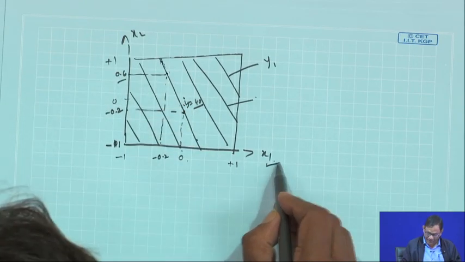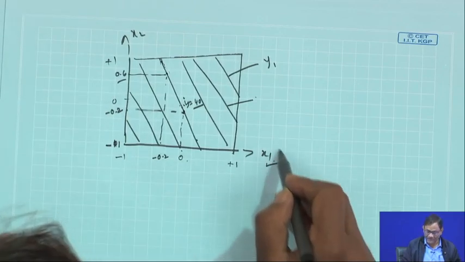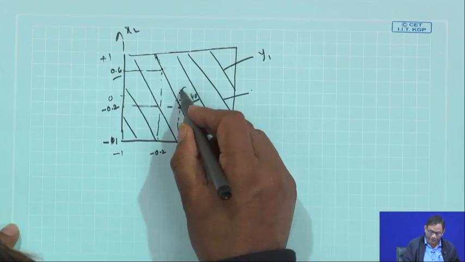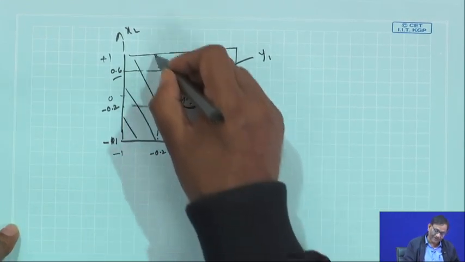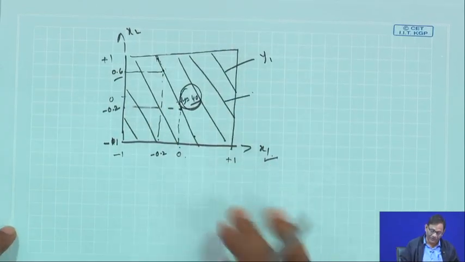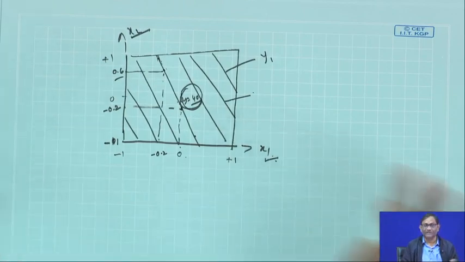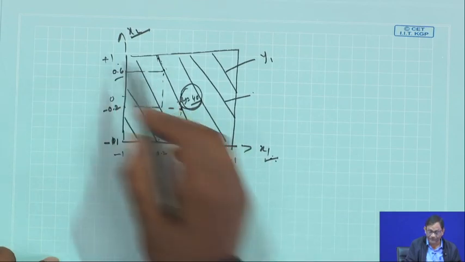So, that means you have a range for setting x1 and x2, or factor A and B. If you want y to be around 40, then this is the contour line, which gives you a range of x1 and x2, so that you can set the machine or the process keeping different values of x1 and different values of x2.